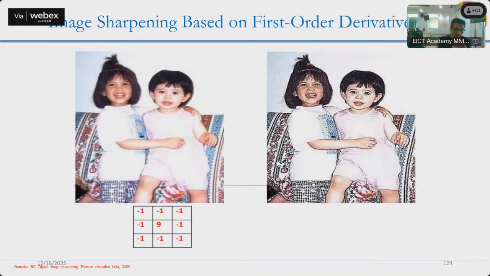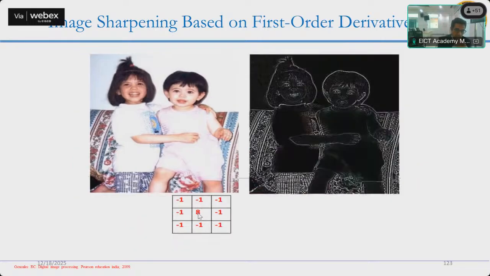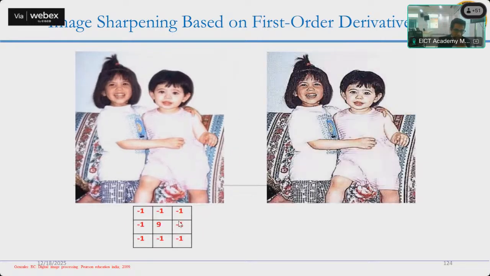But we find that when we increase the magnitude, instead of 8, when we give more weightage to the 9, it is better. So depending upon the value, the final image becomes further noticeable and better.